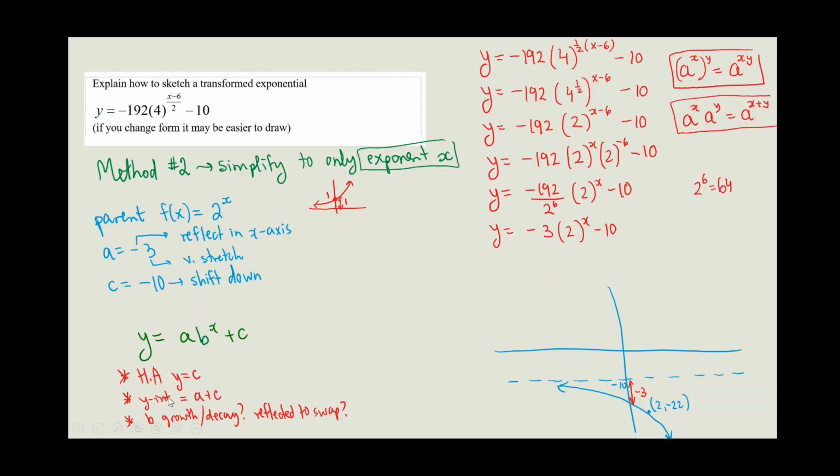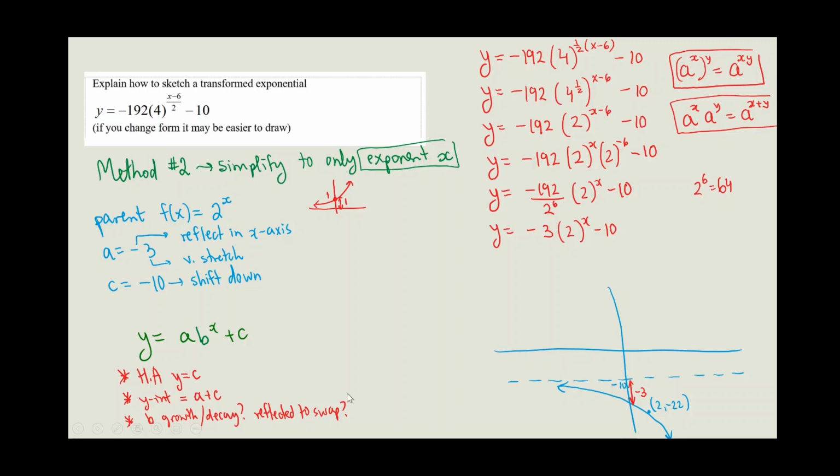To find the y-intercept, all we have to do is plug 0 in for x. Imagine b to the 0, that's just 1, so a plus c is the result. Then all you have to do is ask yourself, looking at the base, whether that's growth or decay, and then also ask yourself, were there any reflections in our question that would cause this growth or decay to swap?